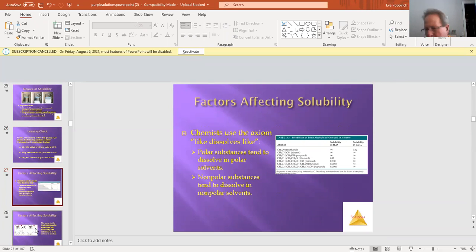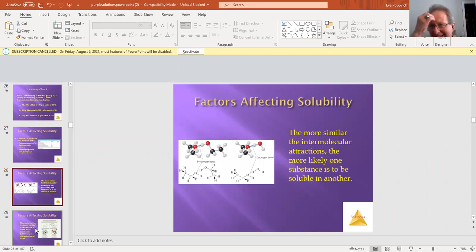All right. Now, chemists use the axiom like dissolves like. Basically, what this means is that polar solvents tend to dissolve polar substances and ionic substances. Nonpolar dissolve in nonpolar. This has to do with the intermolecular attractions.